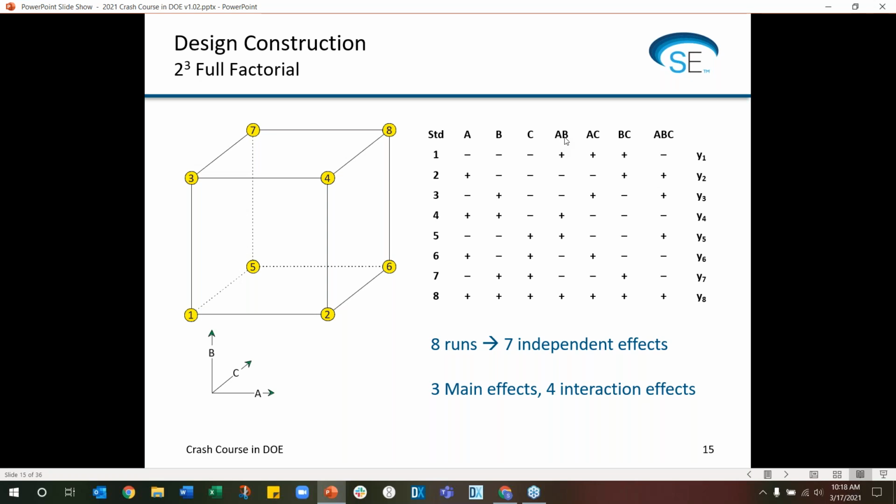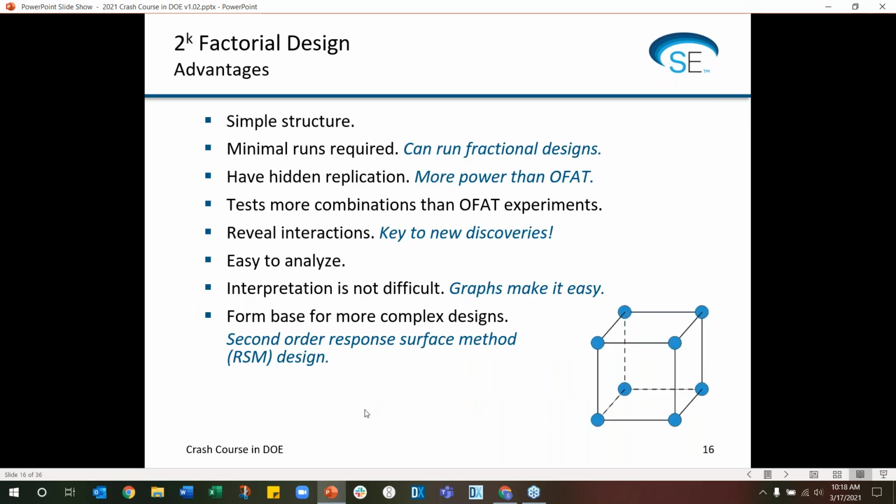So for instance, you'll have a column for the AB, the AC, the BC, and even the 3-factor ABC interaction. For these 8 runs here, you're going to be able to calculate 7 independent effects plus the overall average. So you get 3 main effects and 4 interactions.